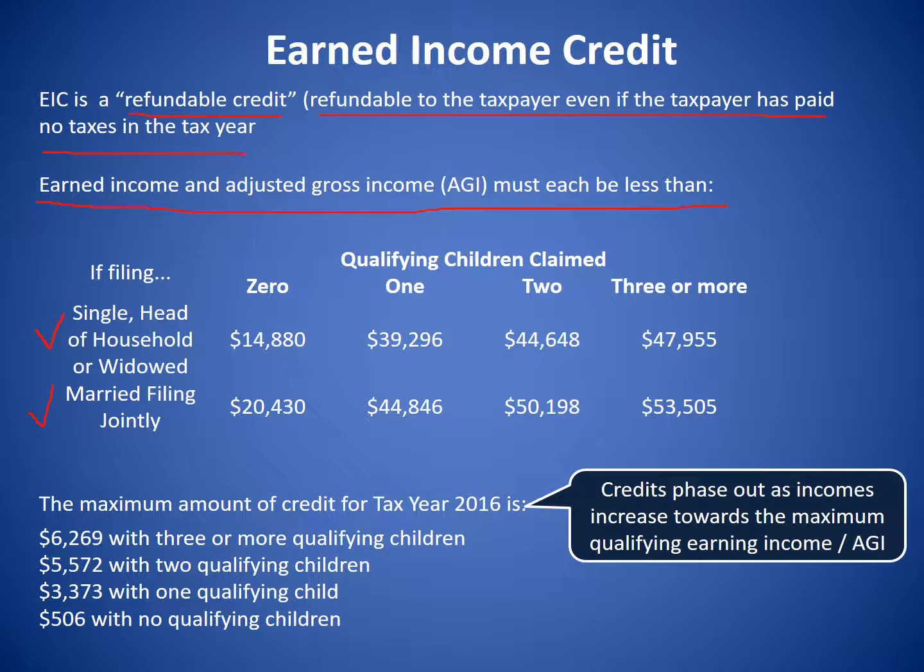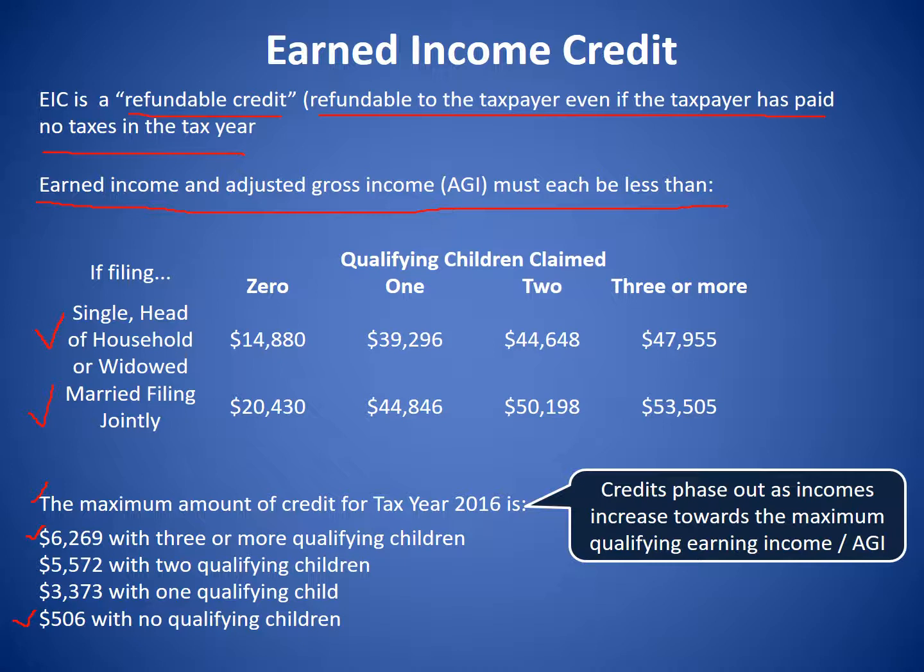Now, the maximum amount of credit for the tax year 2016 is that if you have 3 or more children, you can get a credit up to $6,269. That's the top level of the credit. If you have no qualifying children, the bottom level of the credit is $506.